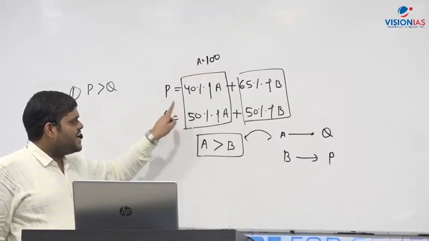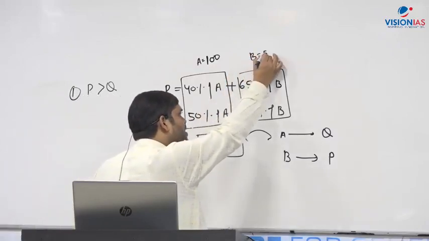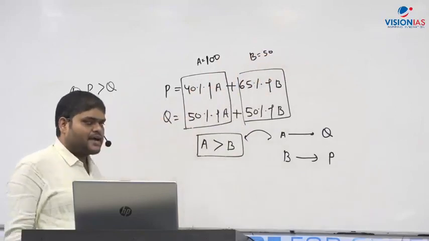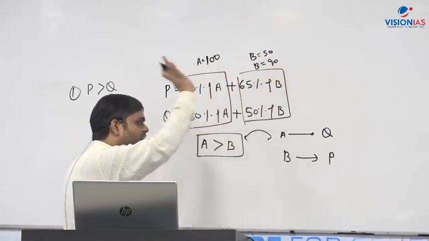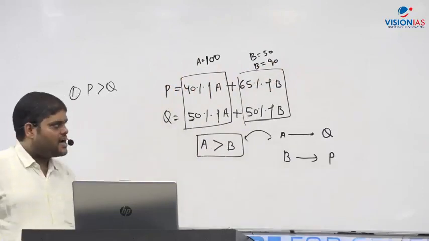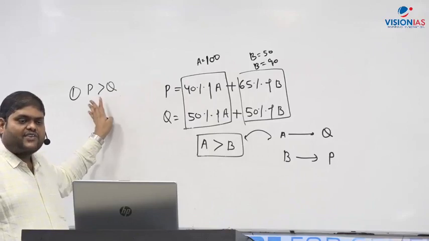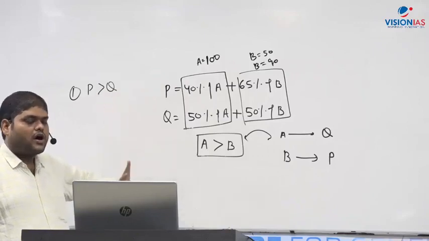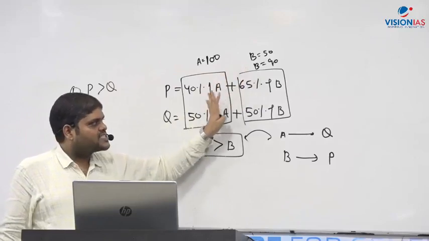And since A is more than B, I will take B as 50 or 90, or any number, and I try to prove every option wrong. This will give you immense help while solving such problems.